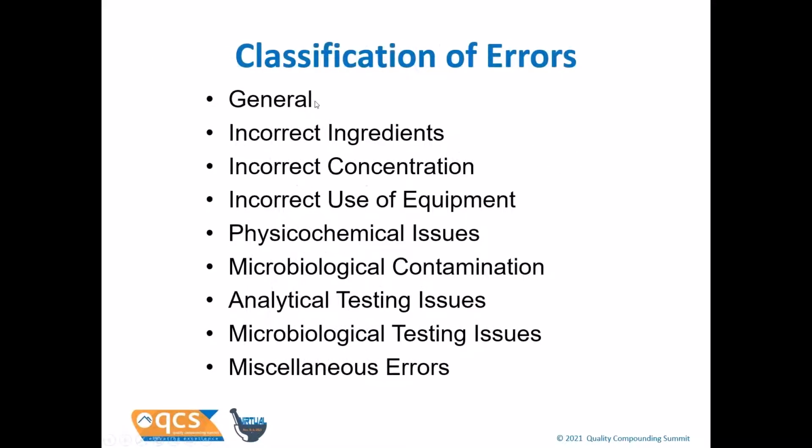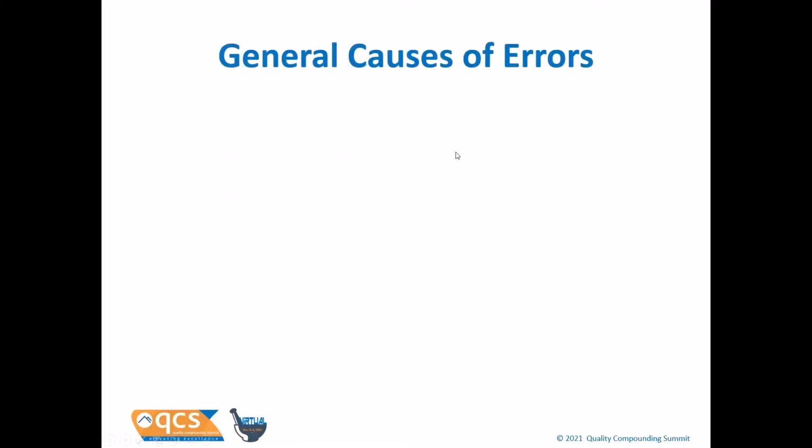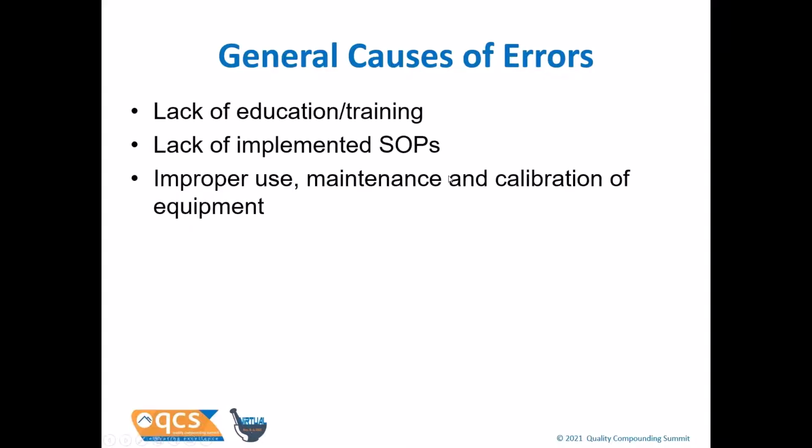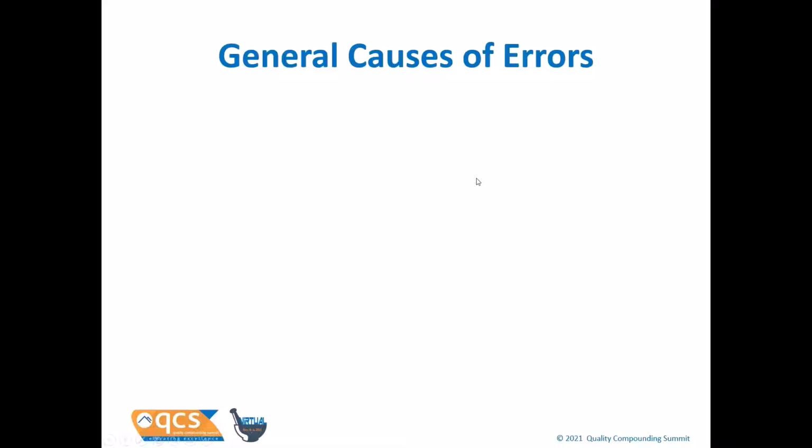And what we're going to look at now is the different classifications of errors that the council came up with. We'll start off with some general errors, then look at errors involving incorrect ingredients, and then errors... let me go back a slide here.